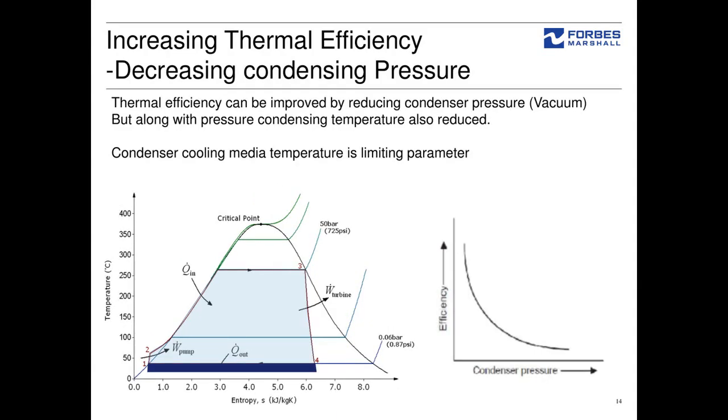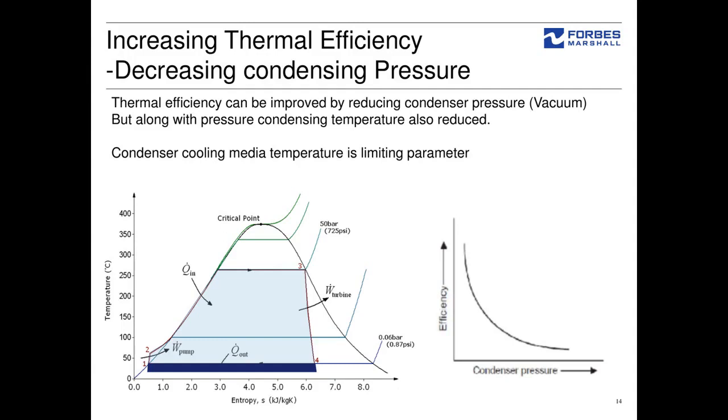Now, the second way to increase thermal efficiency is by decreasing condenser pressure. In most power plants, condensers are maintained in vacuum. That's why you will get an additional dark blue strip which I have indicated. This is the additional work output from the turbine.